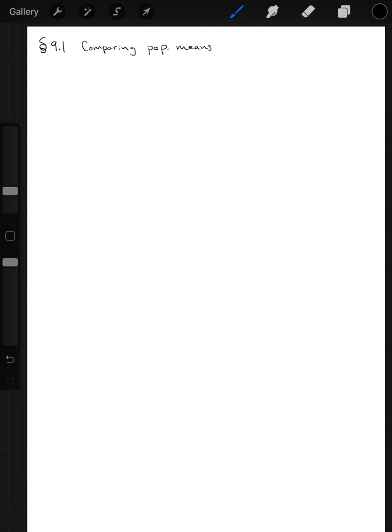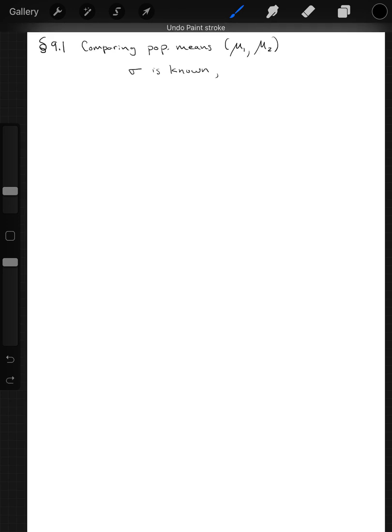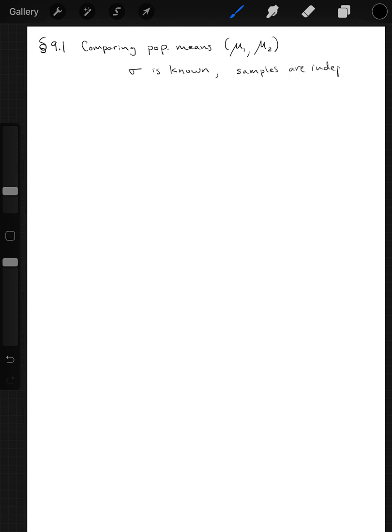So we're going to call them mu1 and mu2. And we're going to do this in a situation where sigma is known and the samples specifically are independent.